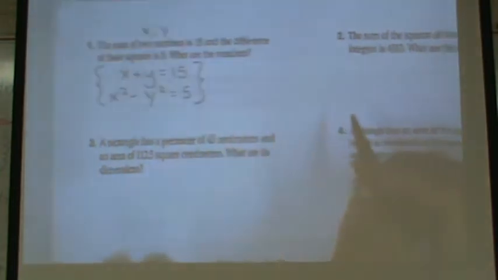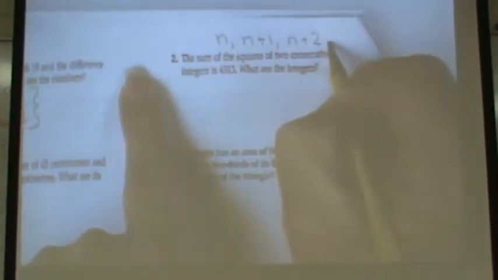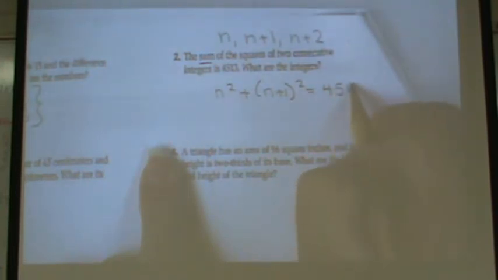Number 2, it says the sum of the squares of two consecutive integers is 4,513. Well, consecutive numbers are n plus 1, n plus 2, and so on. So we're going to square two of them, add them together, and set it equal to 4,513.